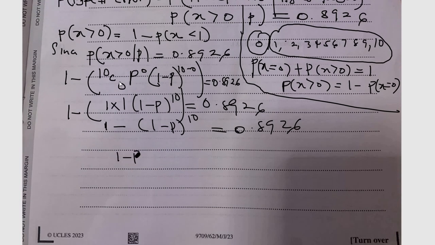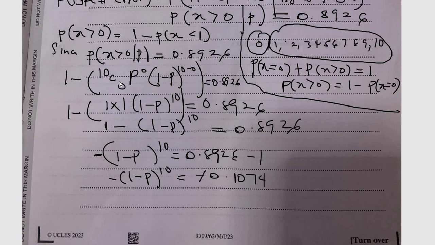So 1 minus P raised to the power 10, minus 0.8926 minus 1, gives 1 minus P raised to the power 10 equal to minus 0.1074. Minus cancels minus. 1 minus P is 0.1074 raised to the power 1 over 10.